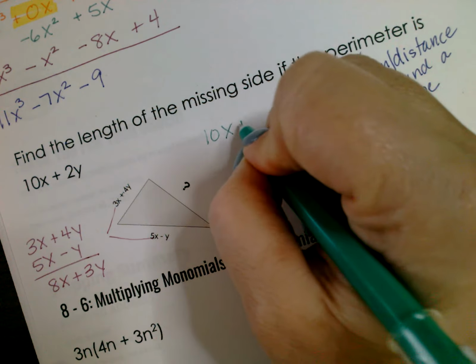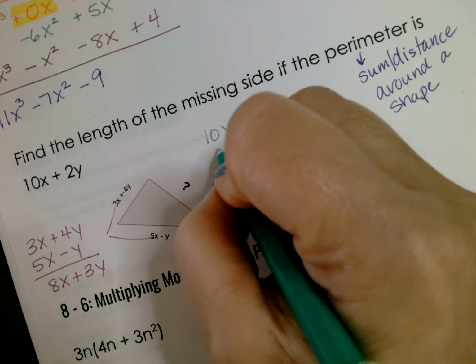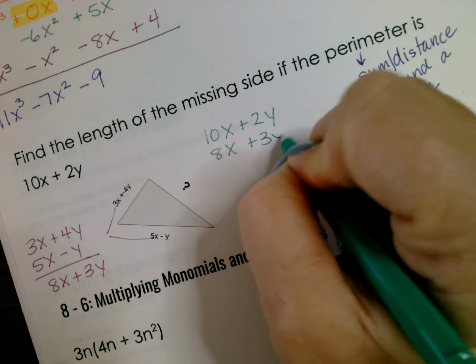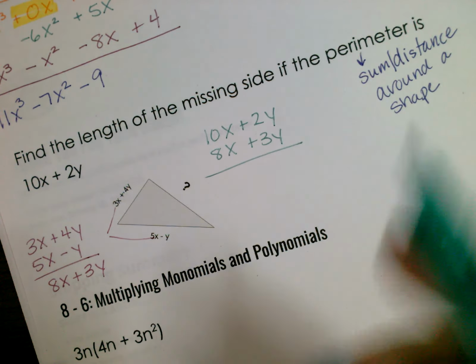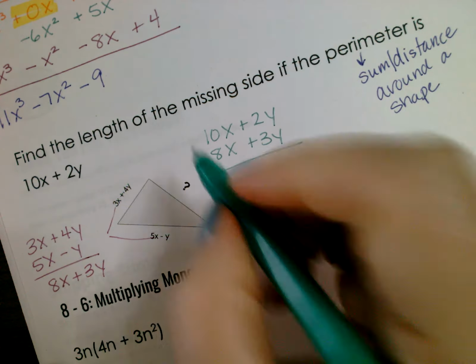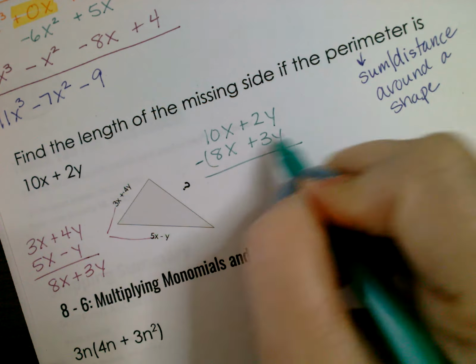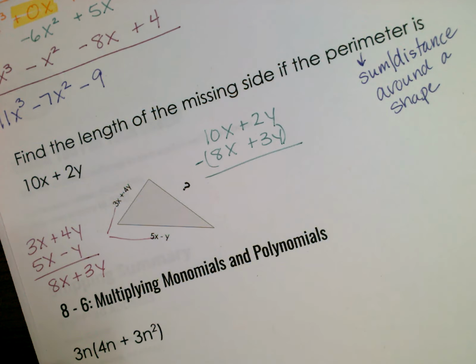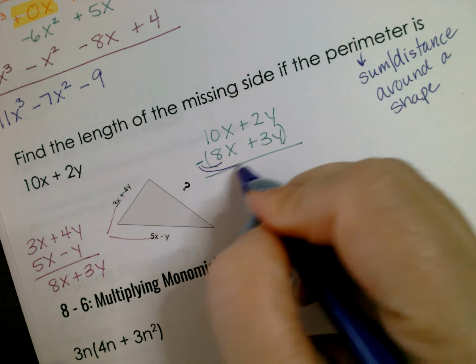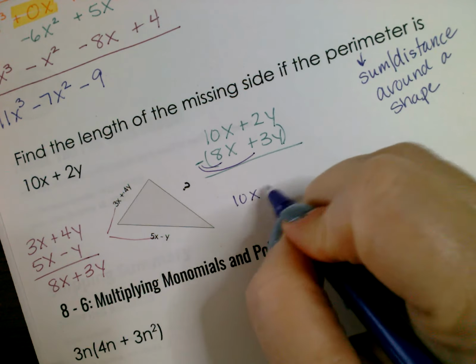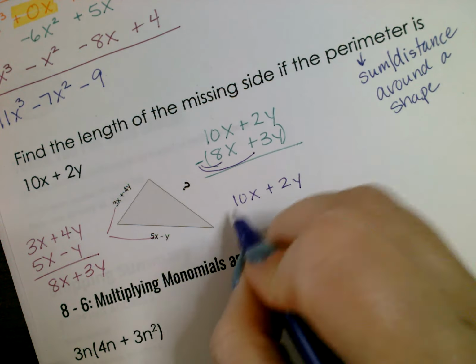I know that these added together have to equal that. So I will take my perimeter, subtract the 2 sides I know, and I would then be able to figure out the missing third side.